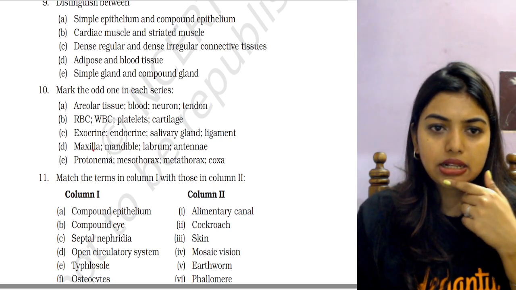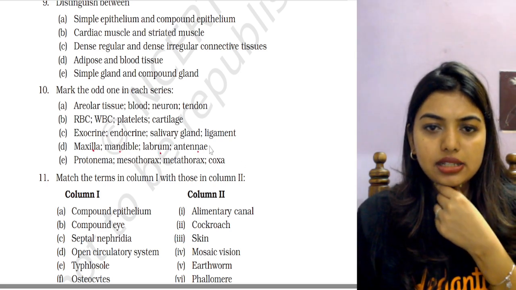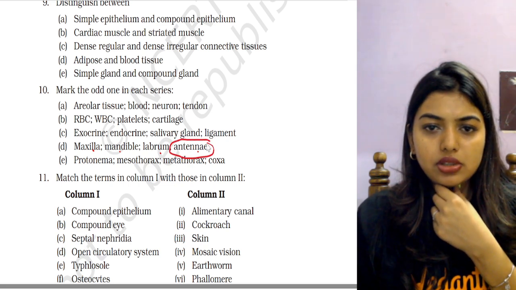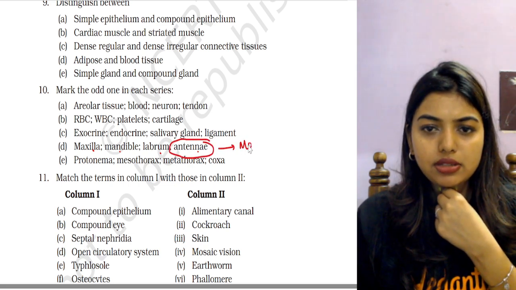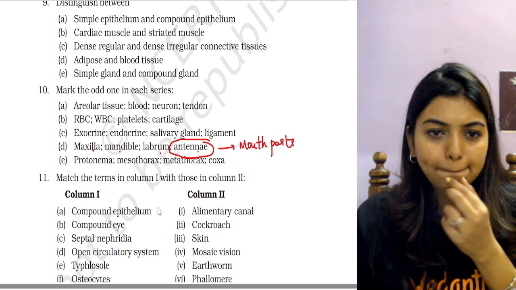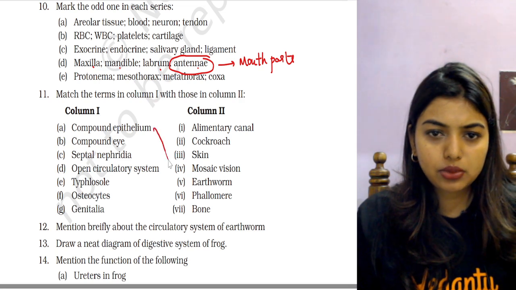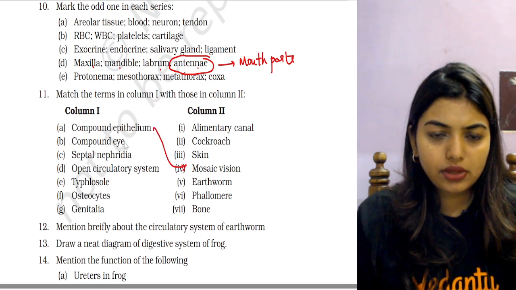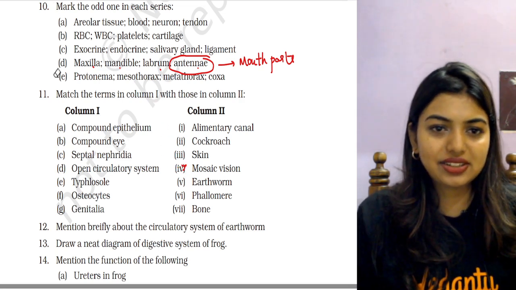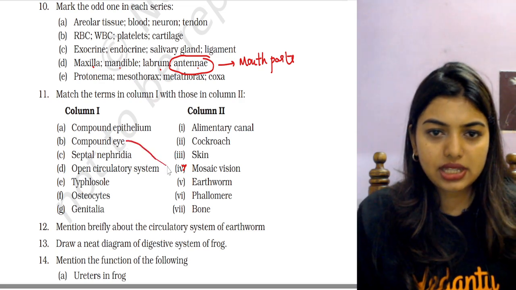See here, maxilla, mandible, labrum and antenna is given. Antenna is the odd one out because these three are the parts of the mouth parts. Okay, mouth parts. Compound eye, mosaic vision. Compound epithelium, it is. Compound eyes, mosaic vision.